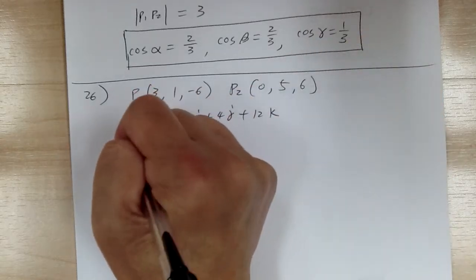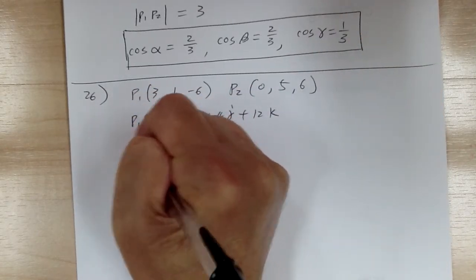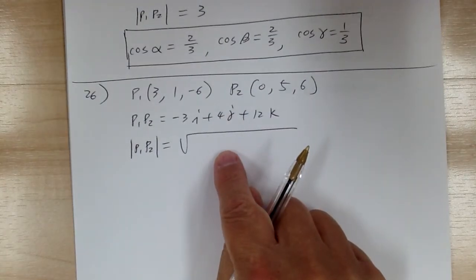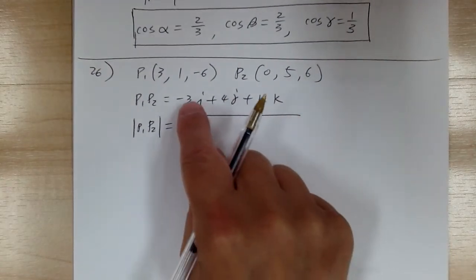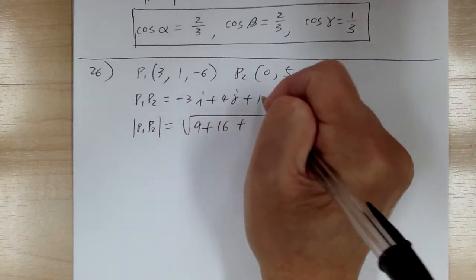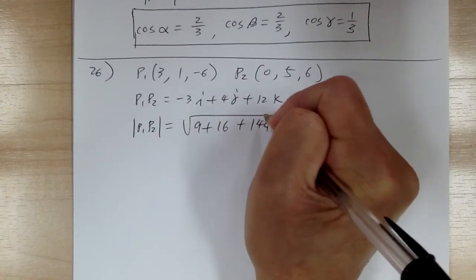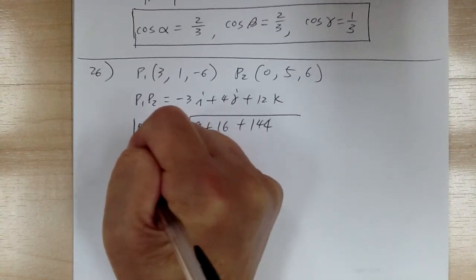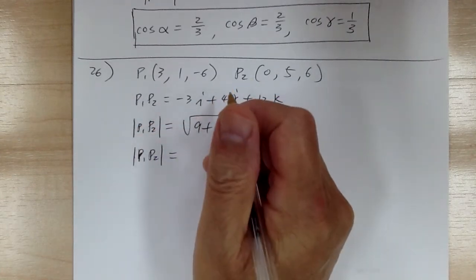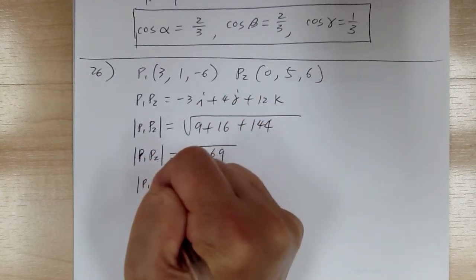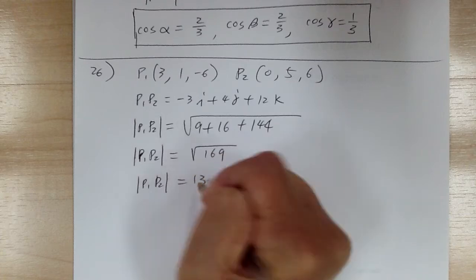Then you have to find its length. Use your Pythagorean theorem: square root of negative 3 squared is 9, 4 squared is 16, 12 squared is 144. So the length of P1P2 is the square root of 169, which equals 13.